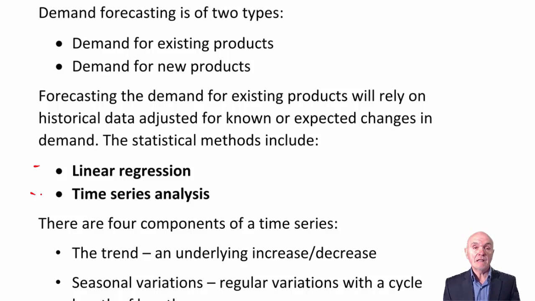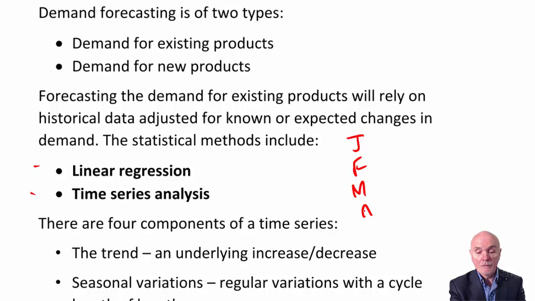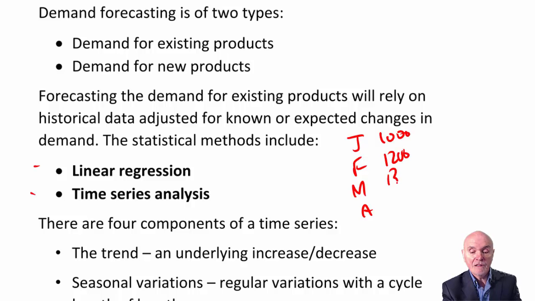So basically what we could say for example, is that we can say that maybe January, February, March, April, what we do is we look at maybe the demand, 1,000, 1,200, 1,300, 1,400 and so on.